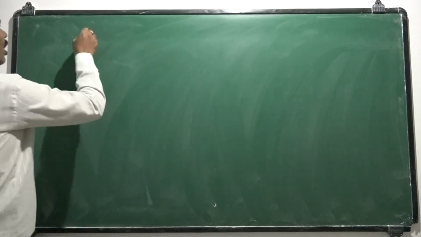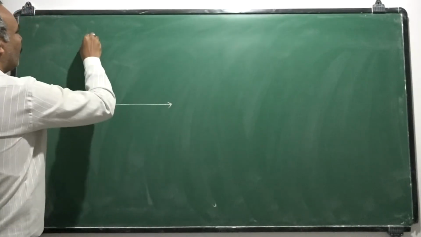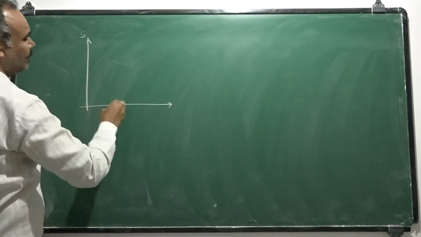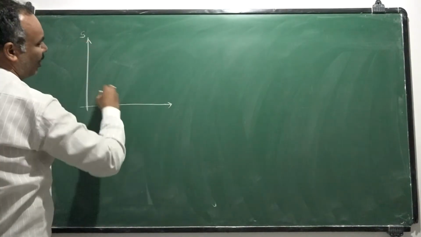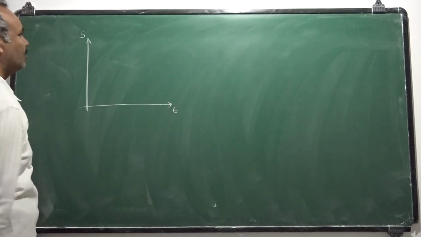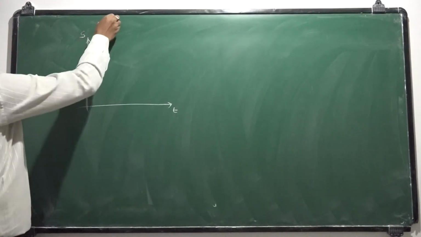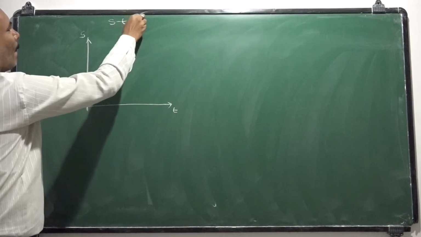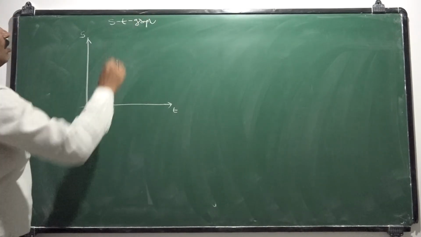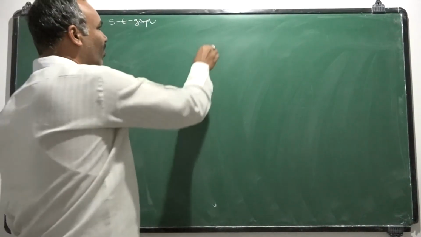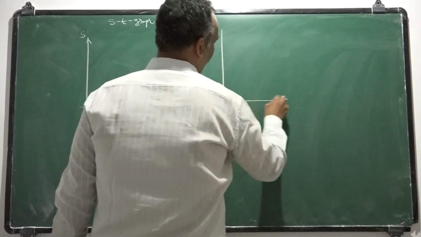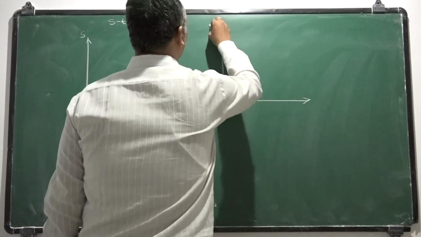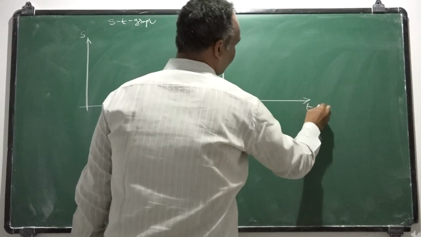Generally, we draw graphs where we take displacement on y-axis and time on x-axis. So this is called distance time graph, ST graph. Similarly, we may draw a graph between velocity and time by taking velocity on y-axis and time on x-axis.